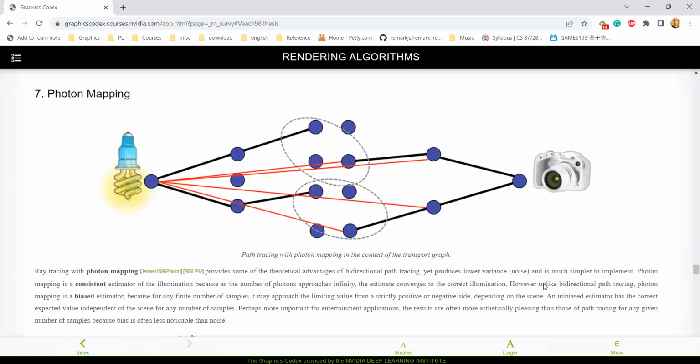However, unlike bidirectional path tracing, photon mapping is biased because for any finite number of samples, it may approach a limiting value from a strictly positive or negative side, depending on the scene.